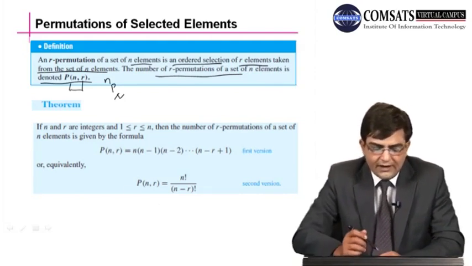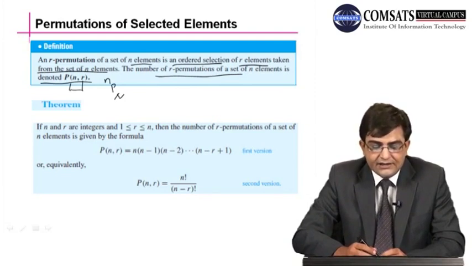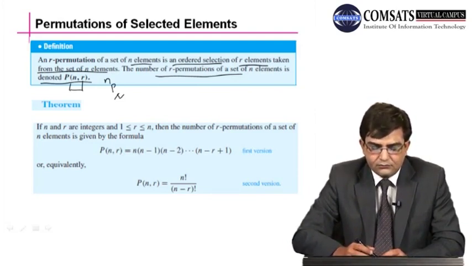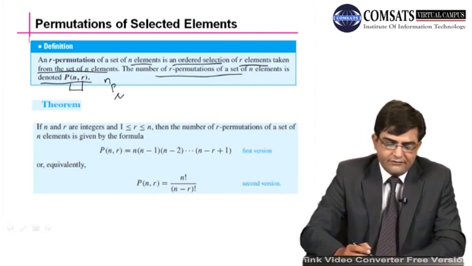Now the theorem is how we can calculate this. If n and r are integers such that r is greater than or equal to 1 and less than or equal to n, that is, r must be less than or equal to n, then the number of r-permutations of a set of n elements is given by the formula.